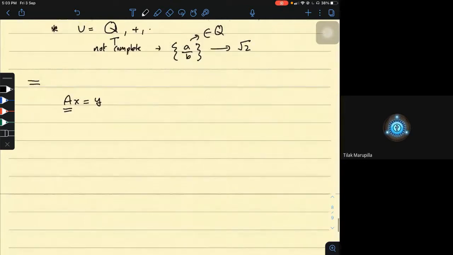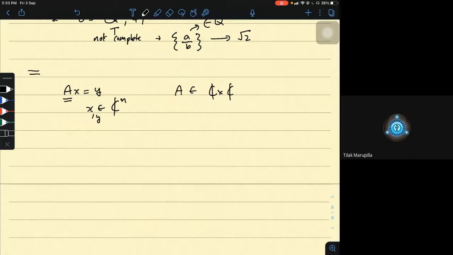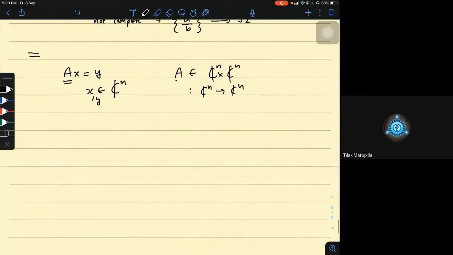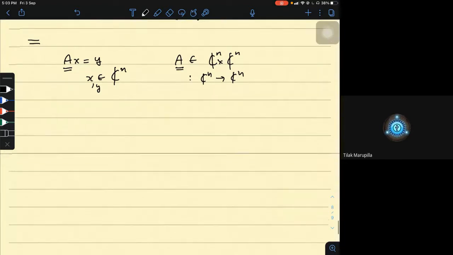If X and Y belong to the n-dimensional complex space, I can say A is over C cross C, and the mapping is given by Cn to Cn. This is an operator over this complex space of dimension n, and there are different types of operators.